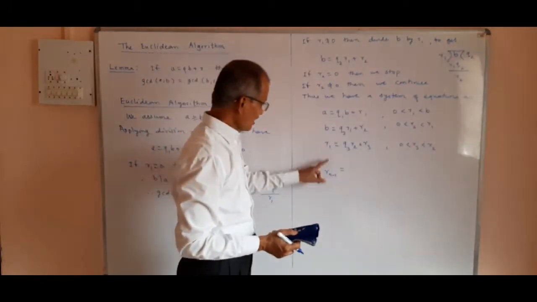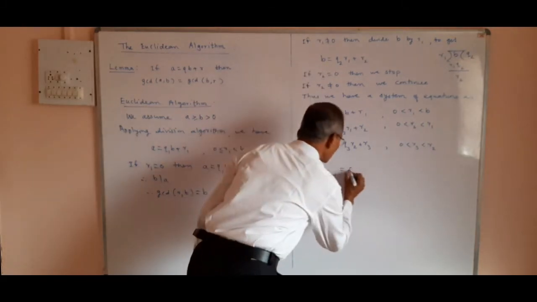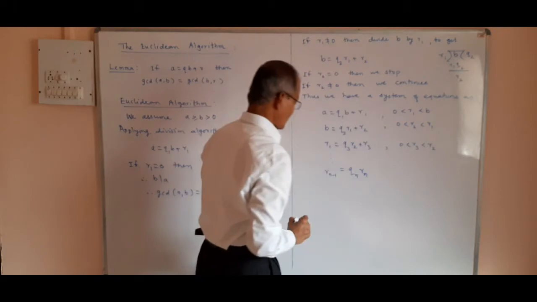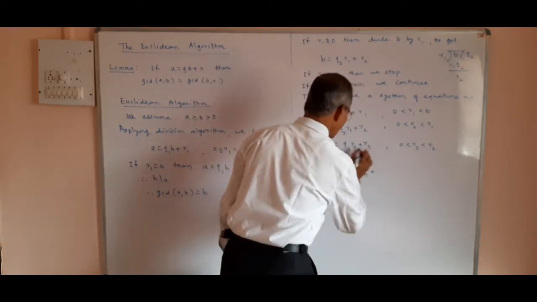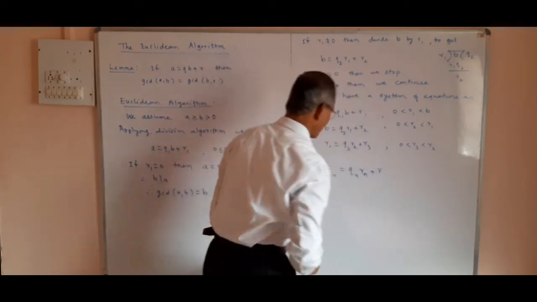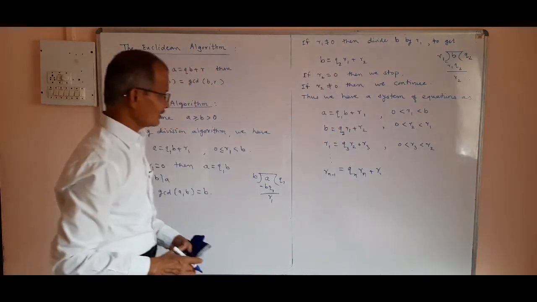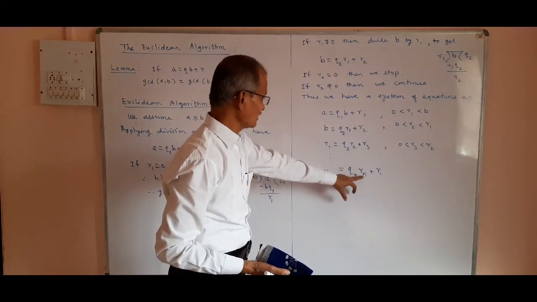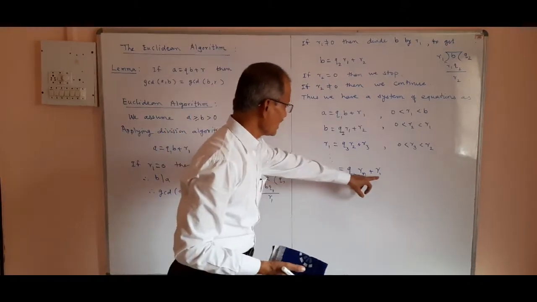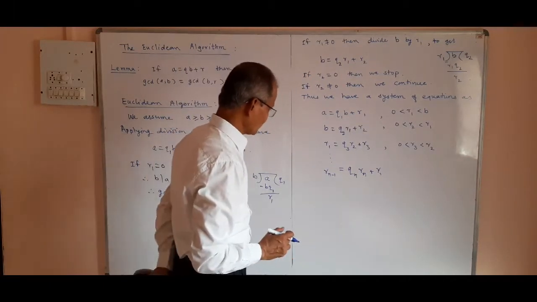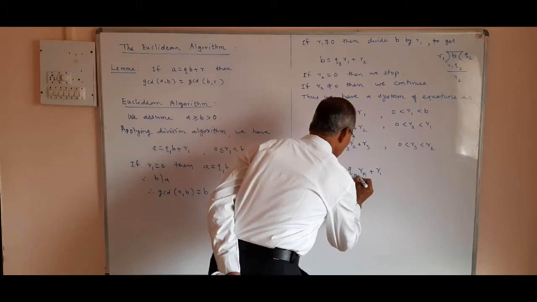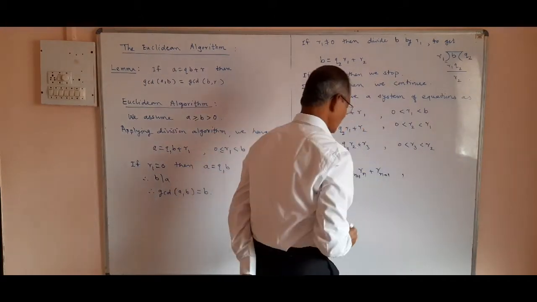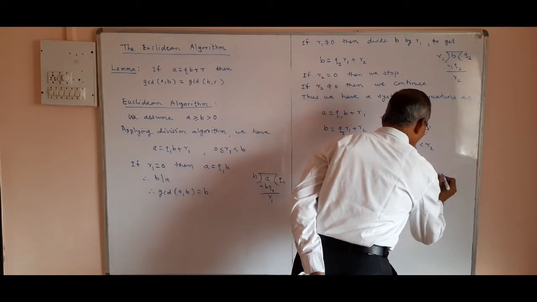This is a set of equations. Going one step further, the index increases by one each time: r(n) = q(n+1) r(n+1) + r(n+2), and again 0 is less than r(n+1) is less than r(n).